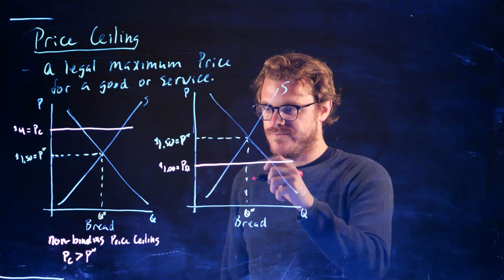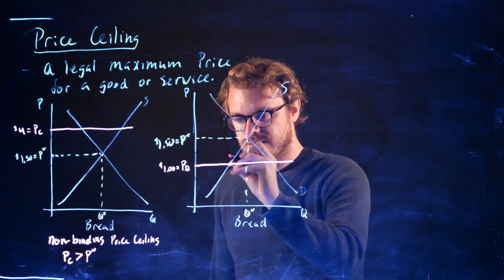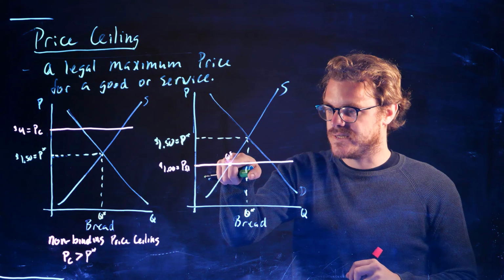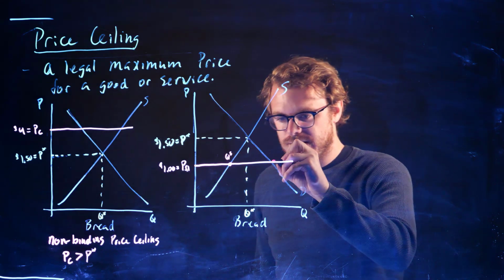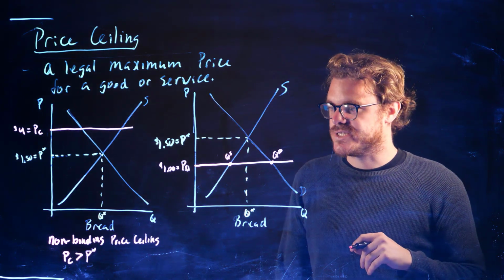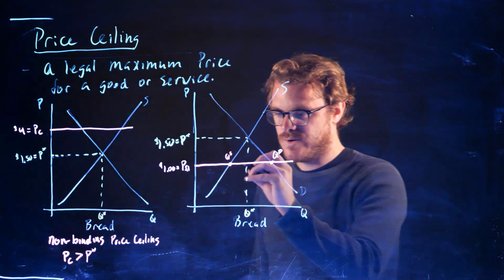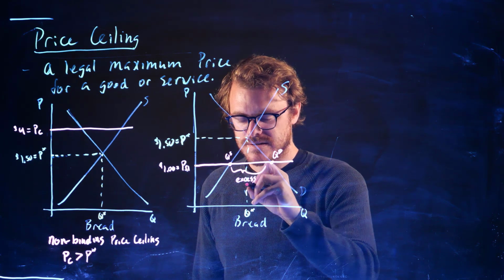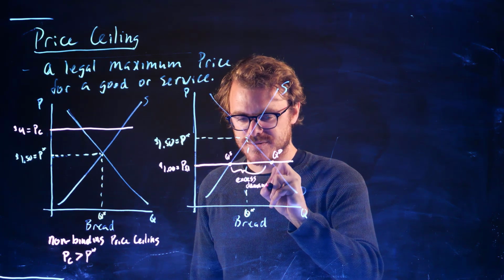So at this price of $1, this is the quantity supplied. This is how much suppliers are willing to supply. This is how much consumers are willing to purchase for that price. So notice that we have excess demand at this price.